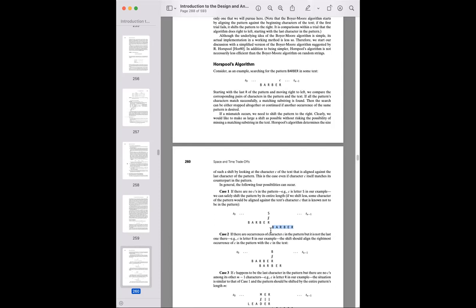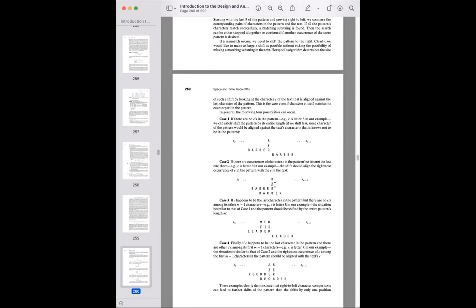So case 2 here is that there are occurrences of C in the pattern, but they're not the last one. So in this case, down here a little bit, we search for the position where C is a B, and we're comparing it against the one here. So it's not the end, so we don't have to worry about checking anymore.